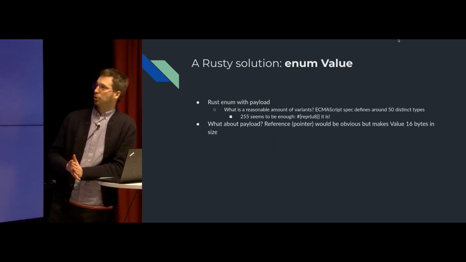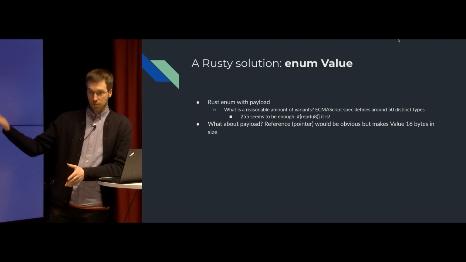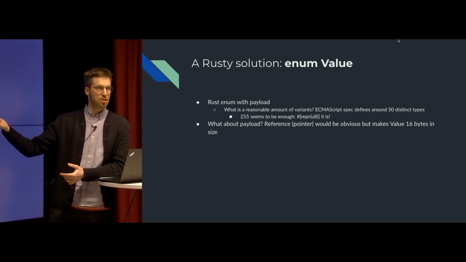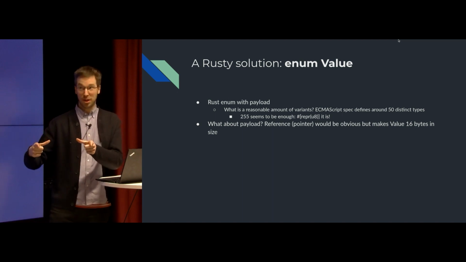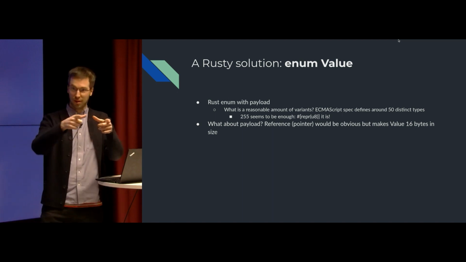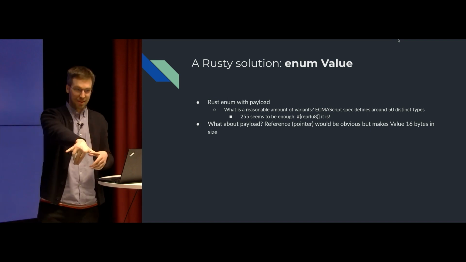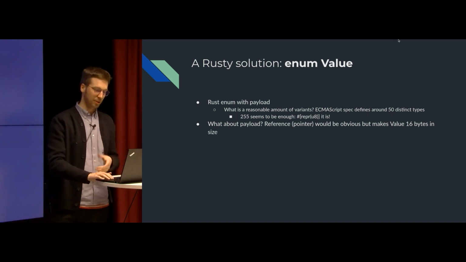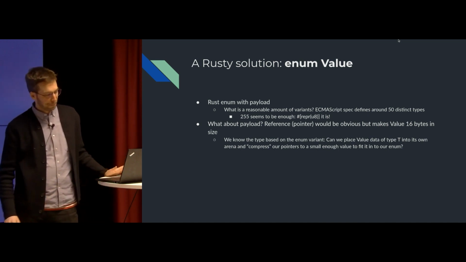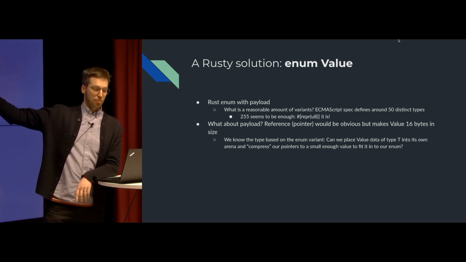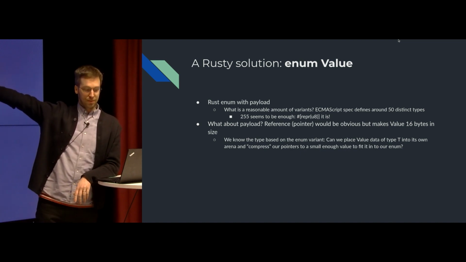So we'll just use 1 byte as our enum discriminant. Then what about the payload? The obvious choice would be to use a pointer, but then our value is now 16 bytes. And 7 of those bytes are just filler, because you've got the discriminant and then you've got to get a pointer there. It's just empty. That's horrible. No. We know the type of our value based on the enum variant.